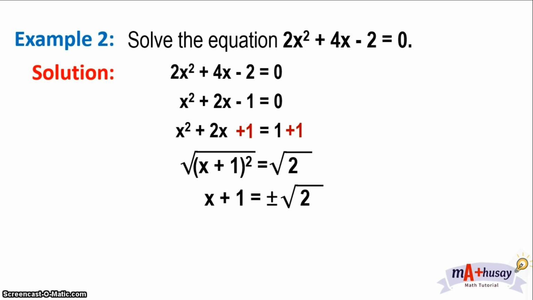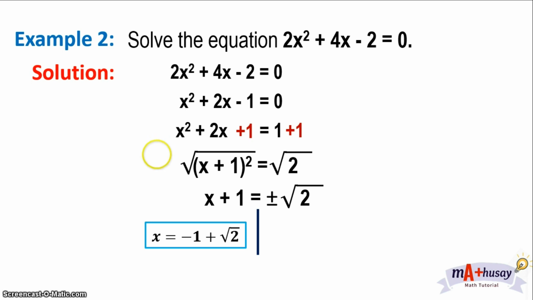Now, this time, meron na tayong linear equation. Now, we will split this one into 2 kasi ang value natin sa right side ay positive and negative square root of 2. So, we have two solutions. So, the other one is x is equal to negative 1 plus square root of 2 kasi nag-add tayo ng negative 1 to both sides of the equation.